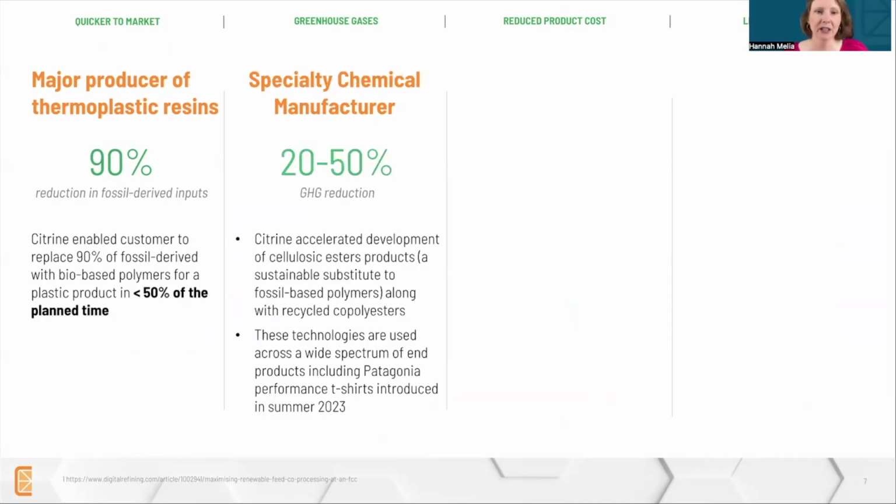Another company was focused on greenhouse gas reduction. They were looking at creating cellulosic esters, so a product where, again, with a bio feedstock. And they also looked at how they can recycle copolymers as well. And they were able to reduce greenhouse gases by 20 to 50%.